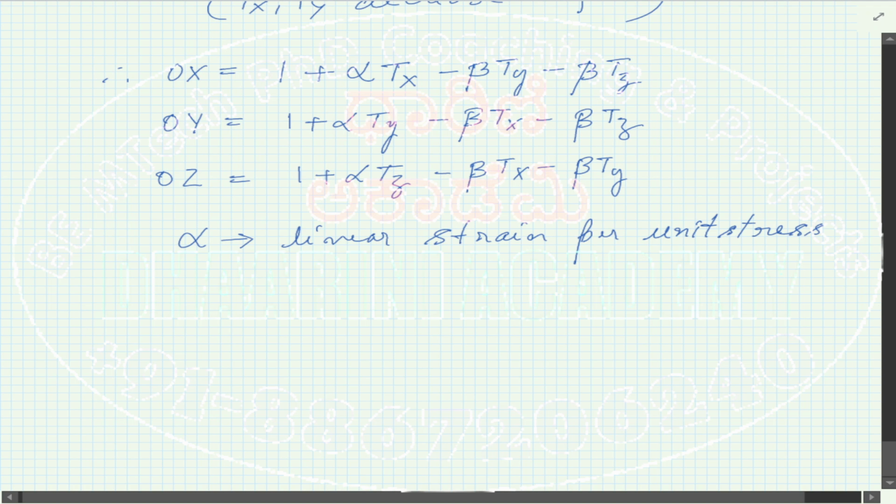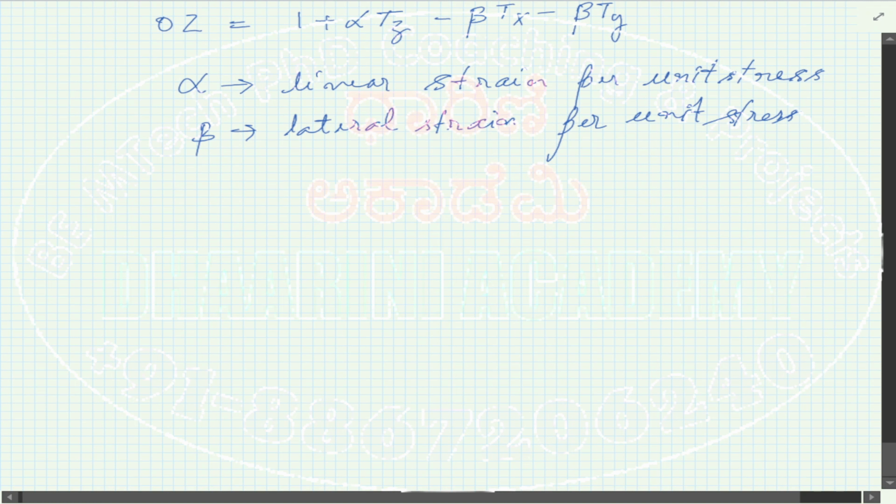So for a unit amount of stress, how much strain is produced, that's given by alpha. And beta denotes the lateral strain per unit stress. So for unit stress, what is the value of the strain? That's what we are going to consider over here.